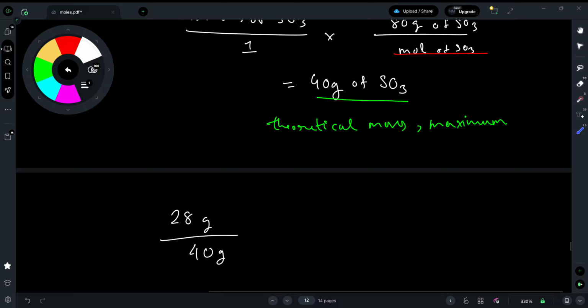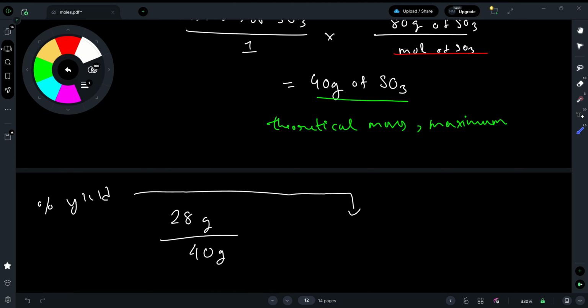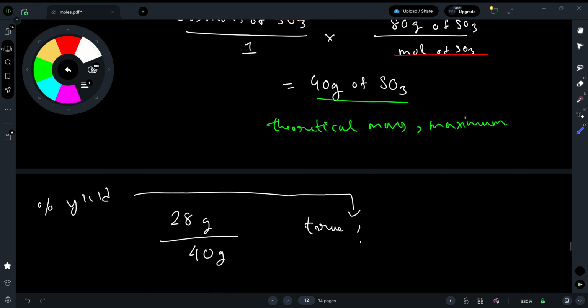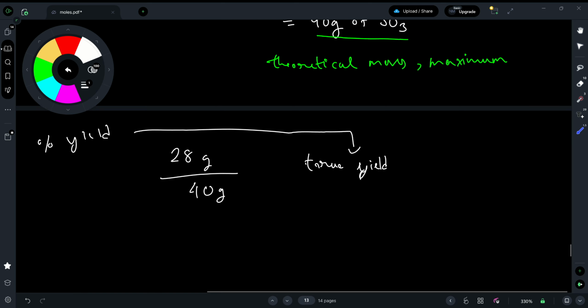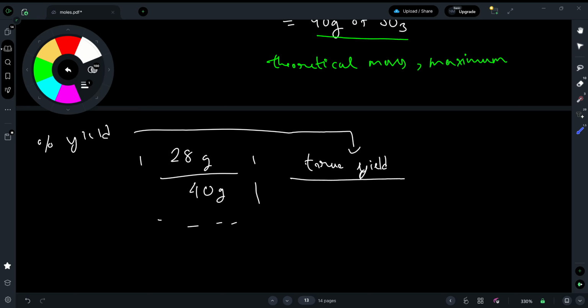So to find the percentage yield, what we have to do is the formula is the actual, or the true yield, or just the mass of the reactant that is given to you, true yield by the theoretical yield or theoretical mass into 100.